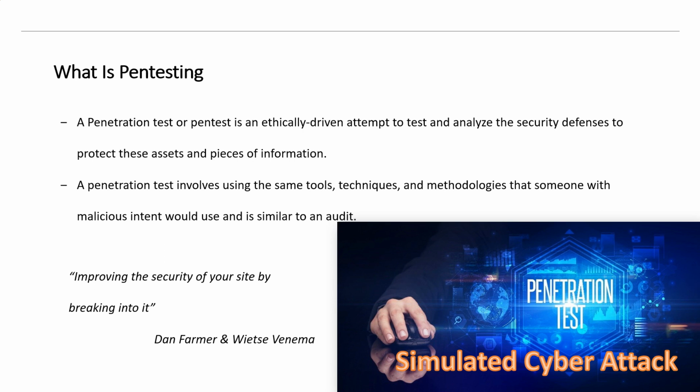Pen testing involves using the same tools, techniques, and methodologies as hackers. So very similar to the hacker. And also this guy, Mr.